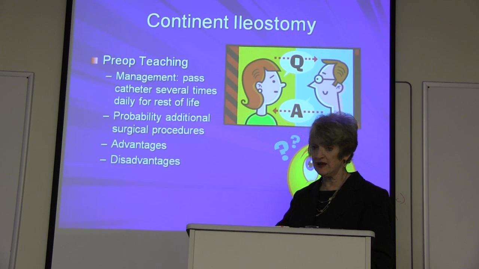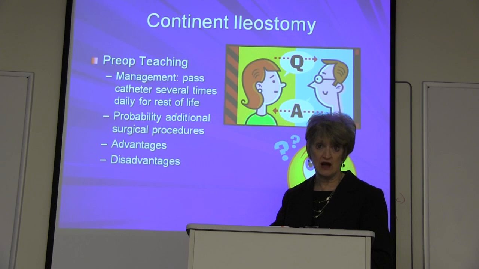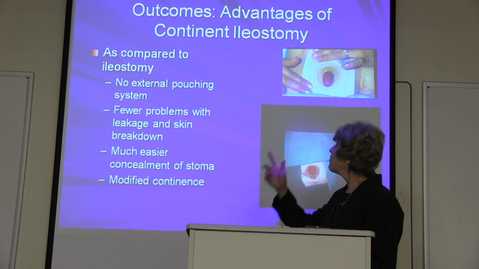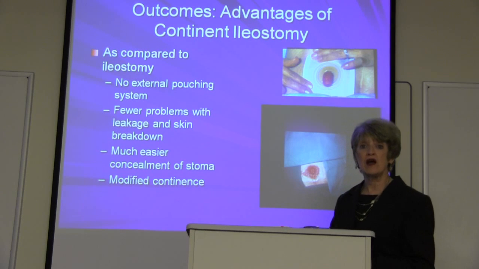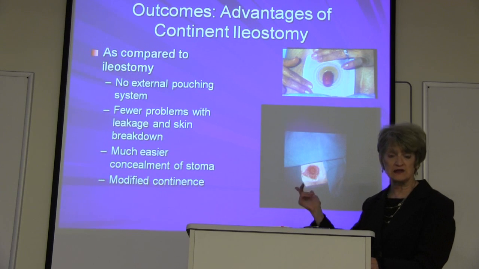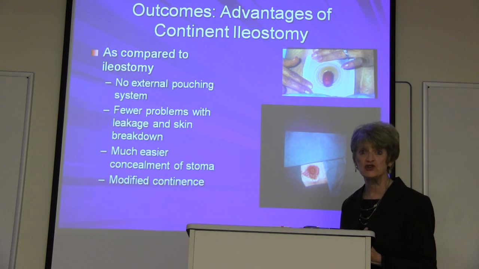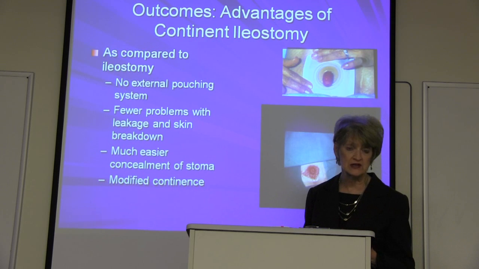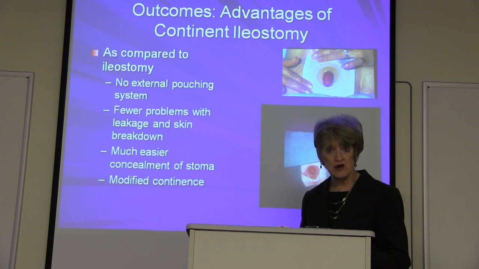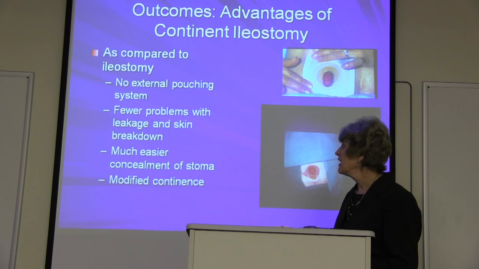And then they need to understand advantages and disadvantages. What are the pros, what are the cons? So what are they? Well, the advantages are pretty clear-cut. When you compare a continent ileostomy to a standard ileostomy, one advantage is you don't have to wear a pouch. And you don't have all of the issues with maintaining a secure pouch seal, potential for skin breakdown, those kinds of things.